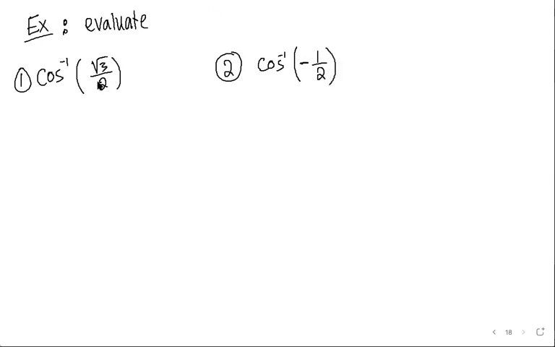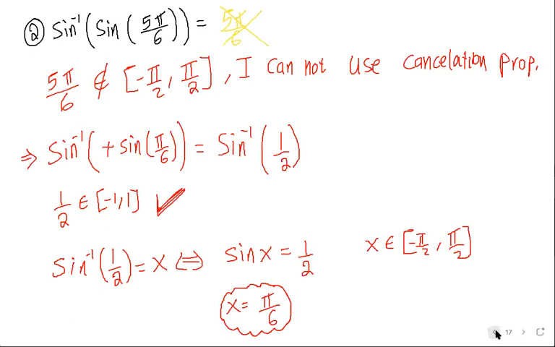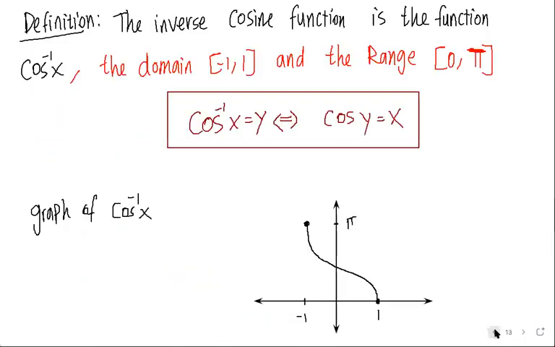Okay, for the first one, what is the domain for the cosine inverse? The domain is from -1 to 1, and the range is from 0 to pi.